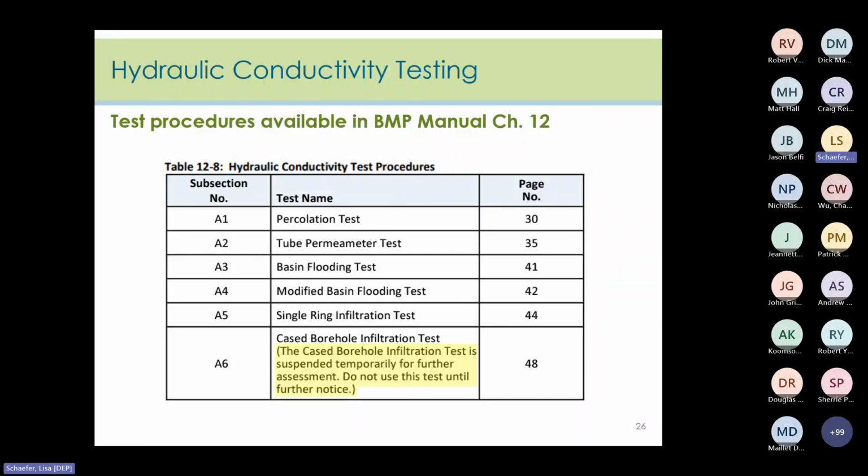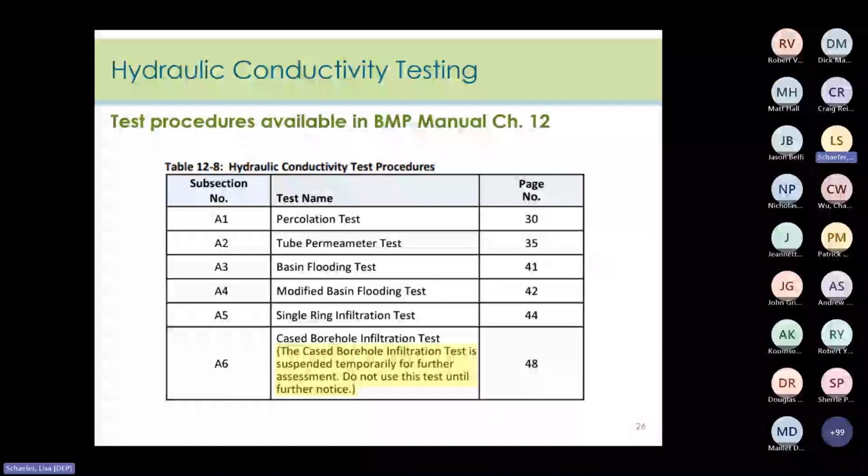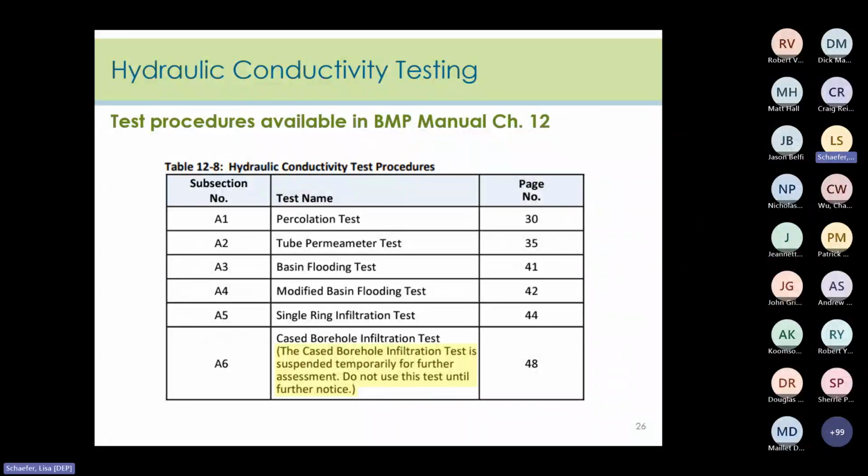But the cased borehole infiltration test is suspended for further assessment, and don't use this until further notice is provided from us. For the double ring infiltrometer, the well permeameter, and other permitted testing methods, you can obtain them from the American Society for Testing and Materials, or the organization that's publishing the test method.